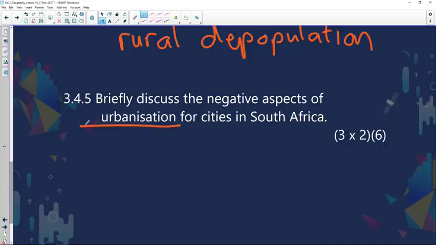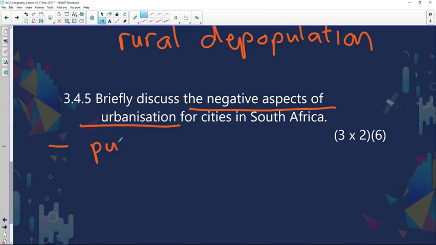Now, unfortunately, when we look at urbanization, there's some negative aspects regarding that. Now, keep in mind, the urban area, once it was built with settlements, it can only house so many people. So all of a sudden, there's a great influx of people arriving at the urban area. Now, the first problem that we're going to experience is going to put pressure on our service delivery.